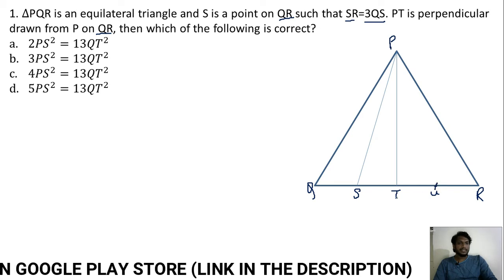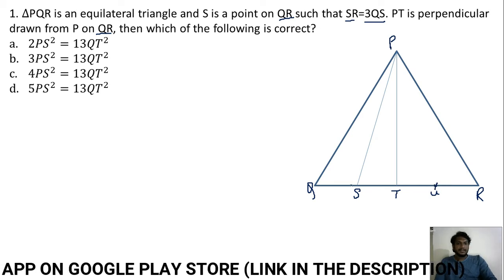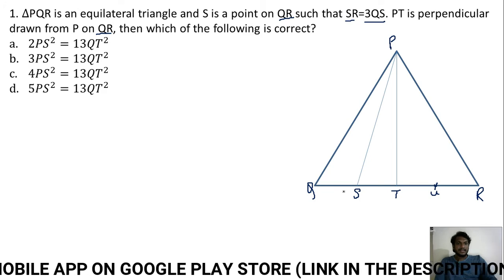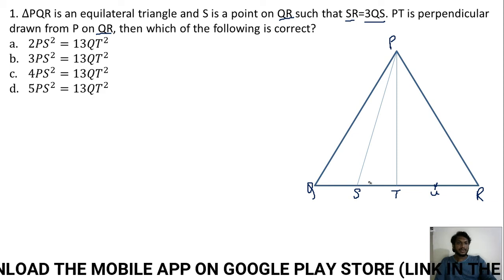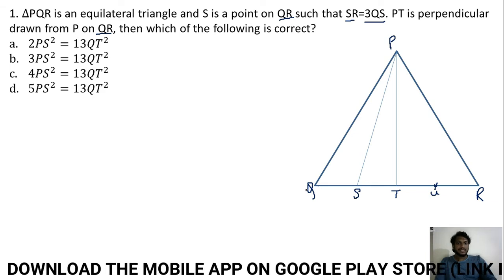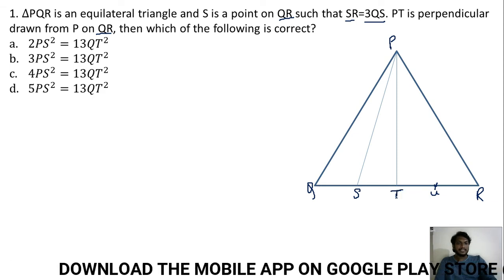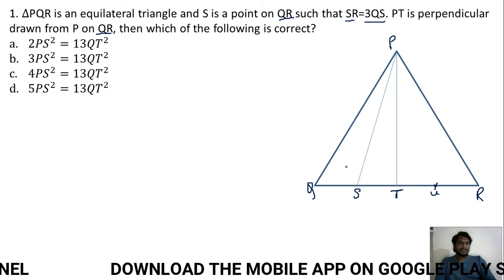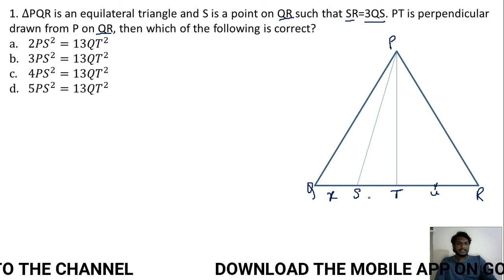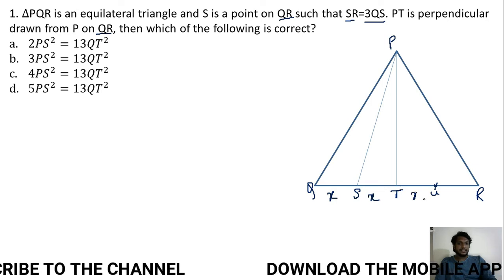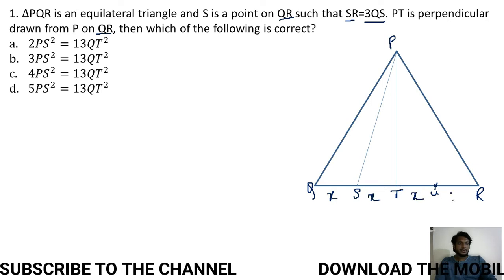Here U is the midpoint of TR. This happens because this is an equilateral triangle. For example, if QS is x, ST will also be x, TU will be x and UR will be x.